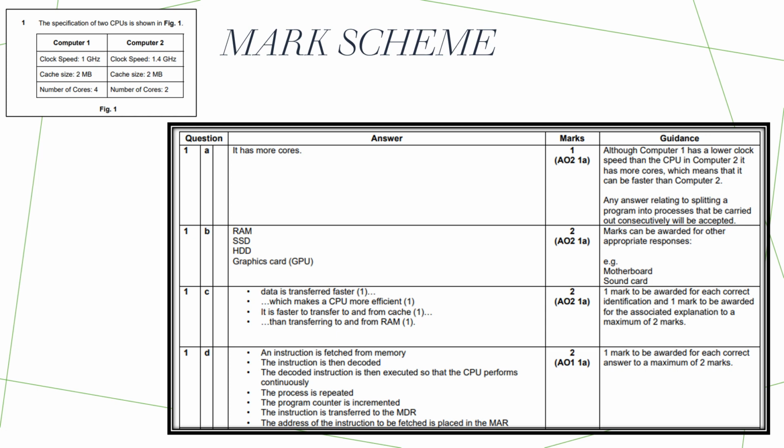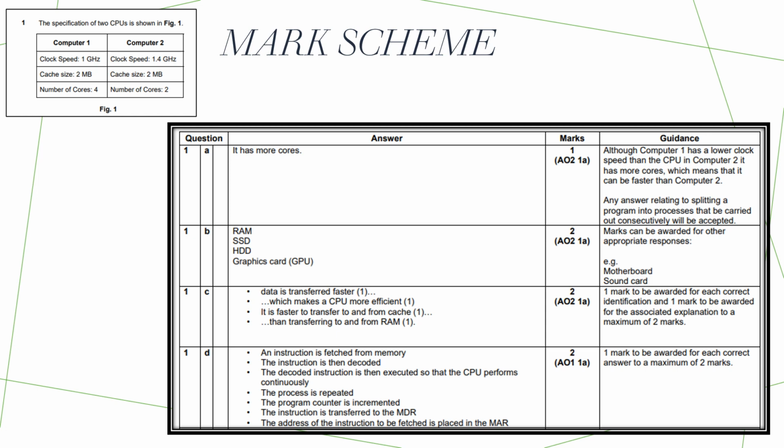For 1D, it's quite easy to get marks on this one. It's pretty obvious really in the fetch, decode, execute cycle to talk about anything that actually takes place. So obviously in the fetch, decode, execute cycle, an instruction is fetched from memory. So you need to make a reference to the fact that you're fetching the instructions from RAM. The instruction is then decoded, so something about the decode stage.